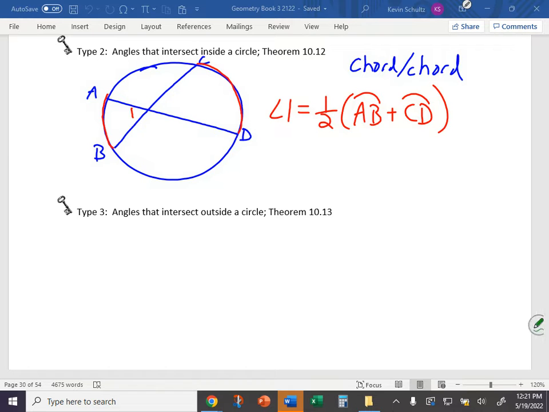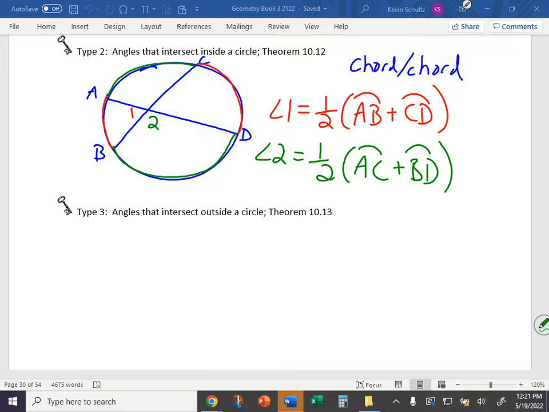If we draw an angle 2 here, it's a similar thing, right? The arcs that angle 2 and its vertical create are AC and BD, and the formula is the same. Angle 2 is going to be half the sum of arc AC plus arc BD.